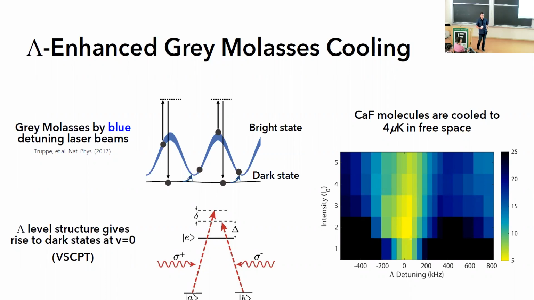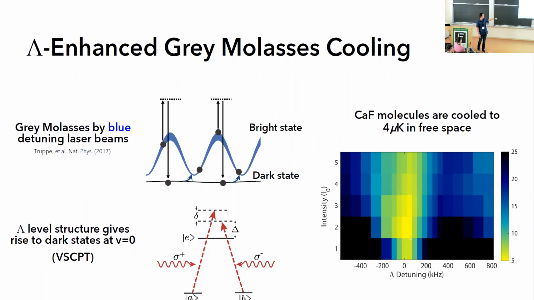There's one more trick we can pull from the atomic community, which is including something commonly referred to as VSCPT, or velocity selective coherent population trapping. And here the idea is that if you have a 3-level system as shown here, you'll have a coherent dark state at zero velocity. So if you combine both of these features together, your gray molasses cooling will give you cooling for molecules at high temperature, and then you'll have an additional dark state right at zero velocity.